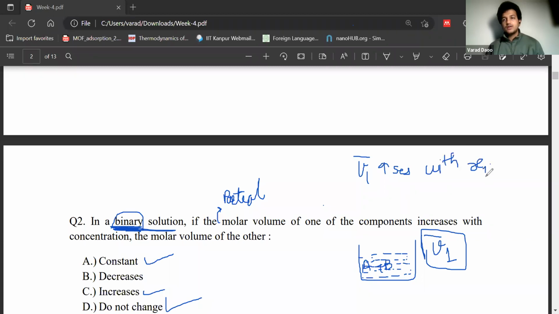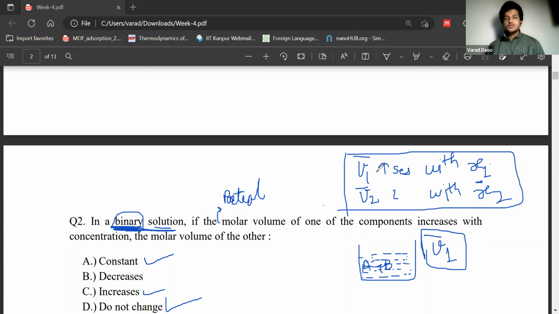x1. Remember, what we have in here is a solution. That is why we are using x1 here. Okay. So then V2 bar, what with x2? That is the question. One hint which I will give is, the V1 bar is increasing with x1, right?